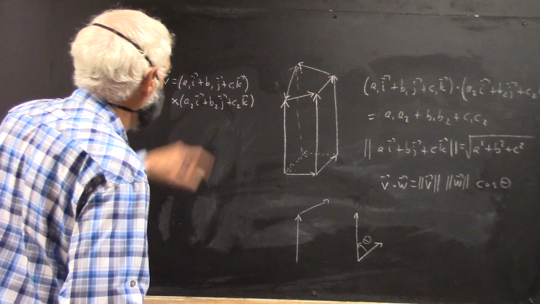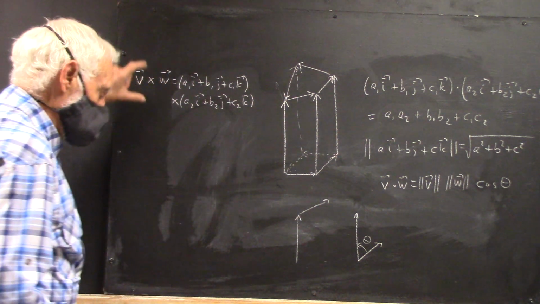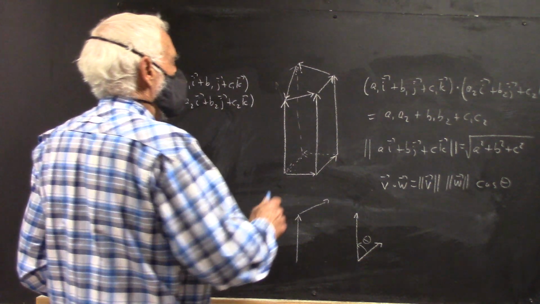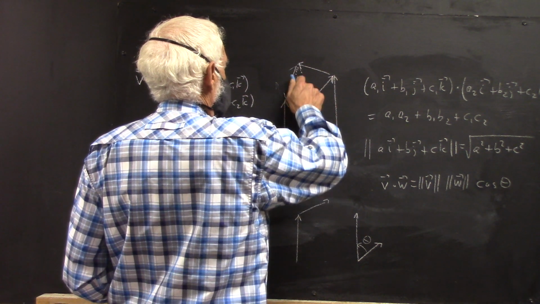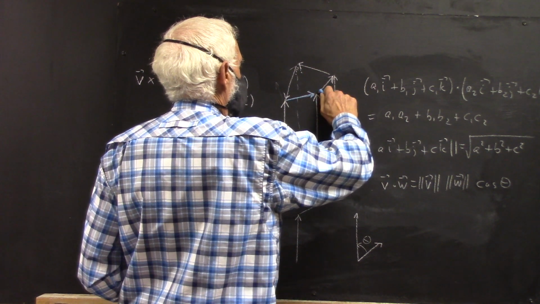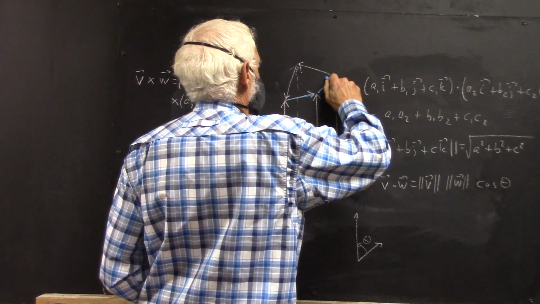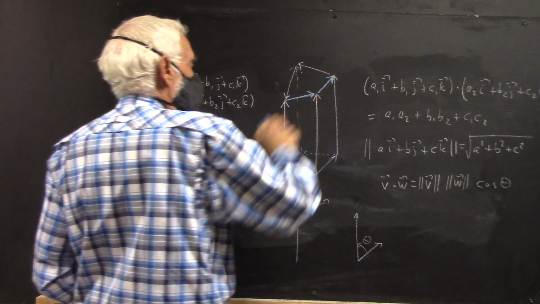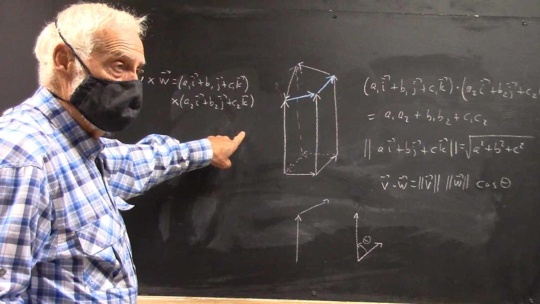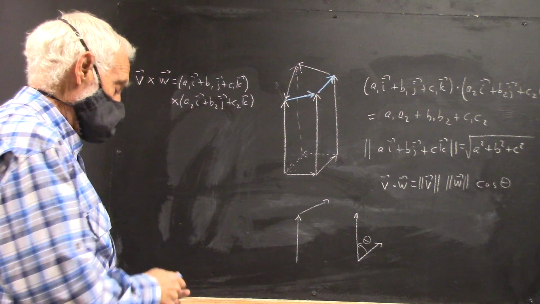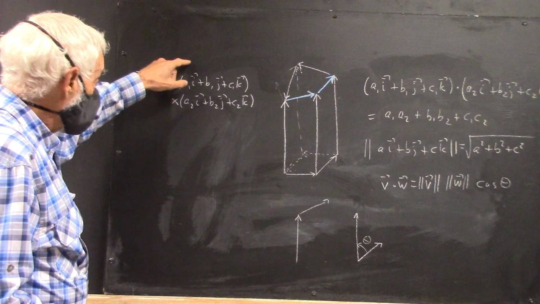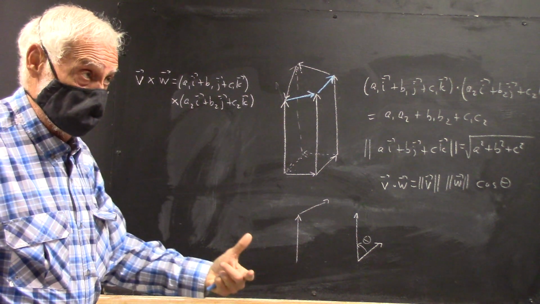So anyhow, V cross W, okay, now we want to look at V cross W. So, for example, if I want to take this vector and this vector along the top and calculate the cross product, well, here's how you always do the cross product. Cross product is just this, and you use the distributive law like we saw last time.